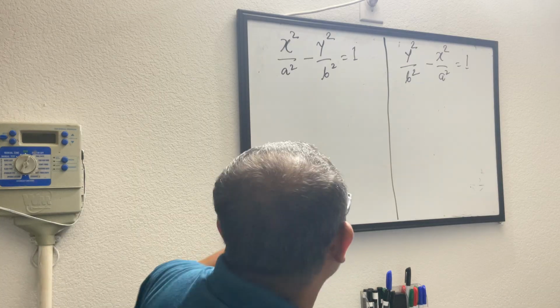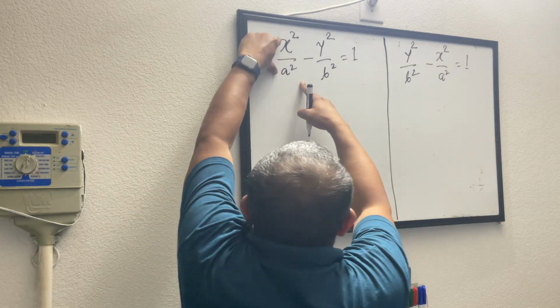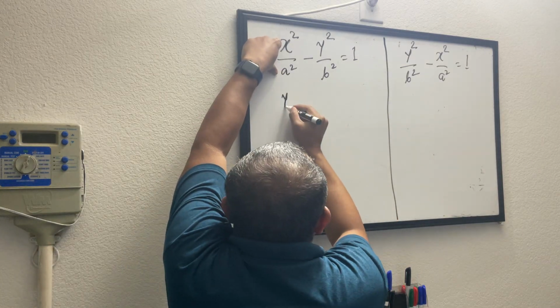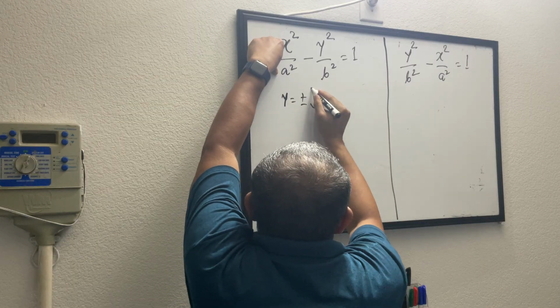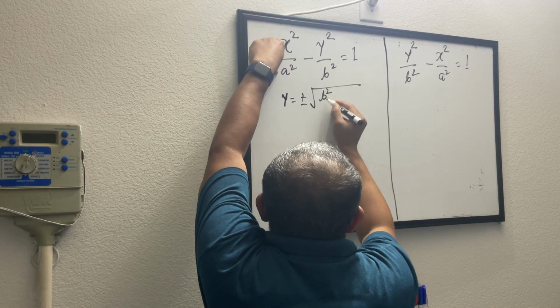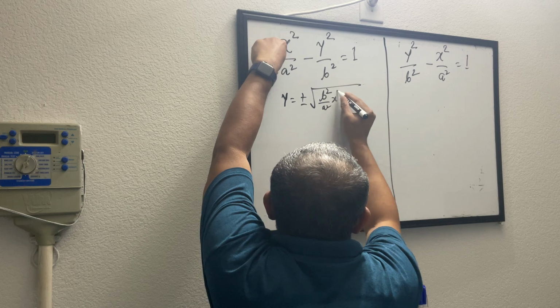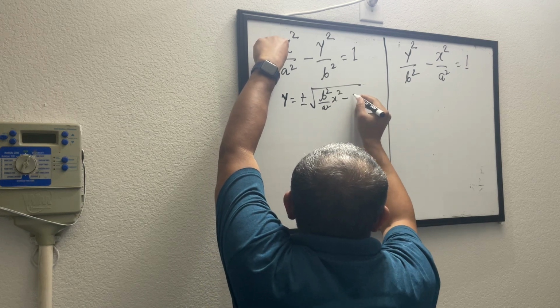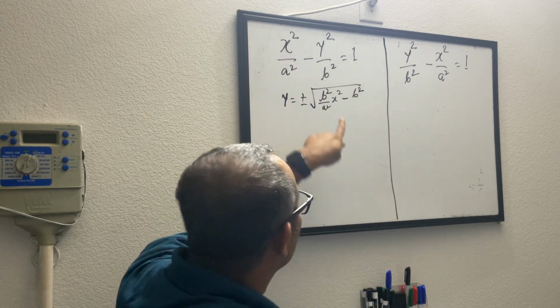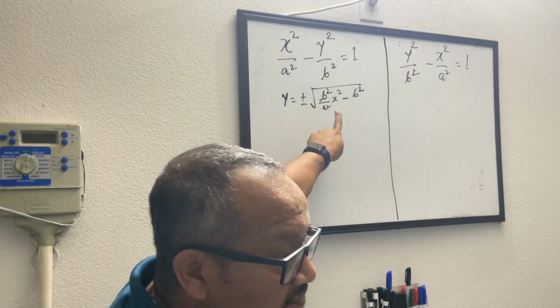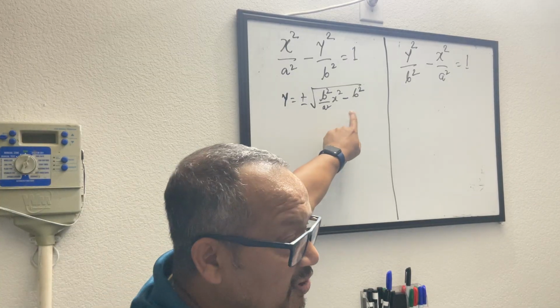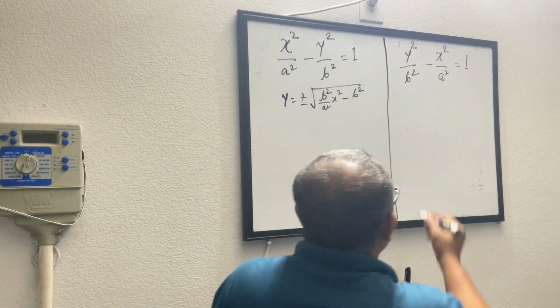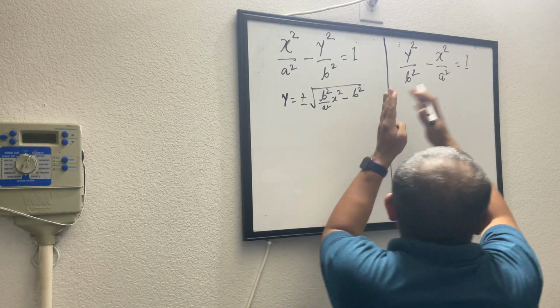Now from this one, when my x value was positive, we found that y equals plus minus the square root of b squared by a squared times x squared minus b squared, and we said okay, fine. Keep looking at this one. Now when you look at this equation, do the same thing.